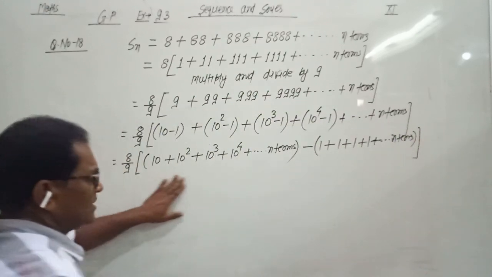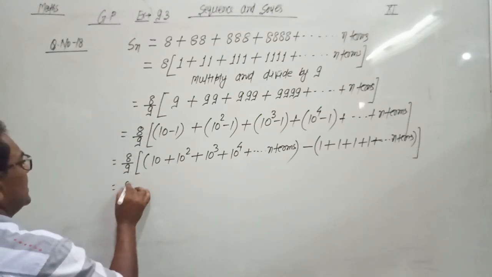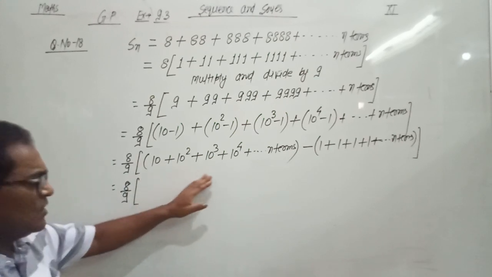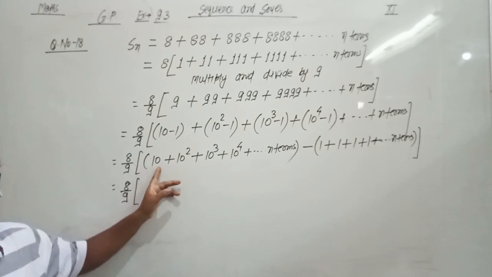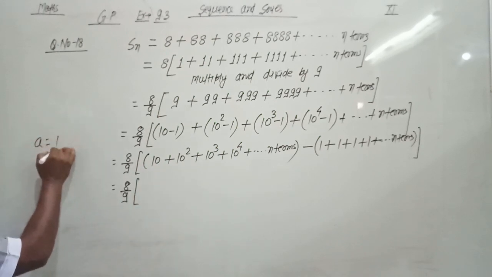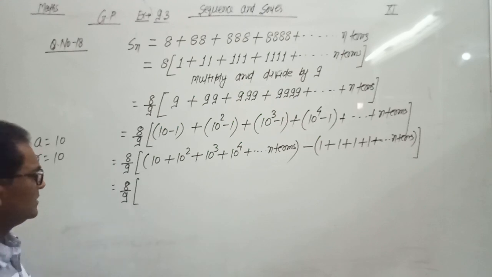This is the sequence of a GP. So 8 by 9. We find the sum of n terms of a GP, whose first term A is 10 and common ratio R is also 10, that is 100 divided by 10.